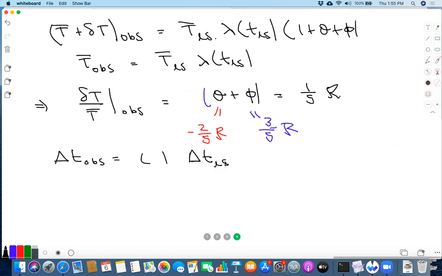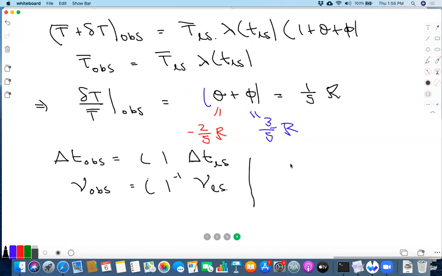So if you have light of a certain frequency, nu observed is the inverse of this times nu at last scattering. So the observed frequencies are getting scaled by this factor compared to what they started with at the last scattering surface.